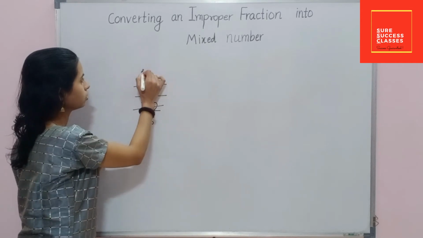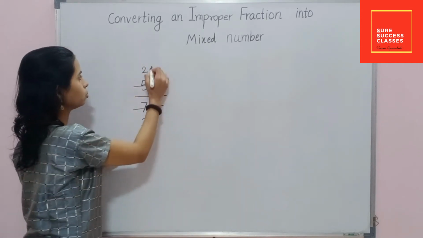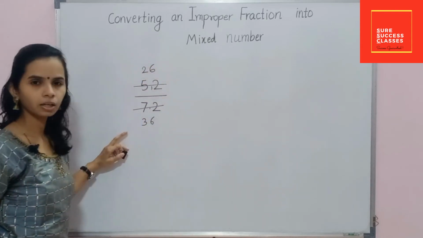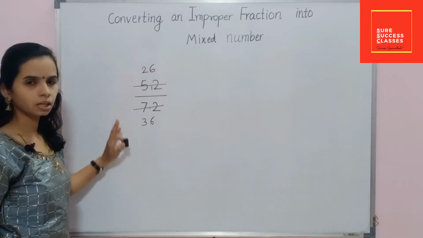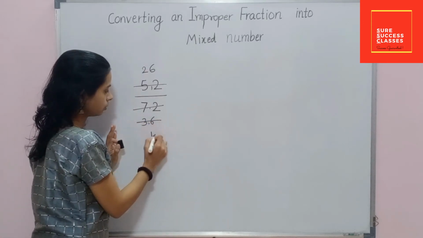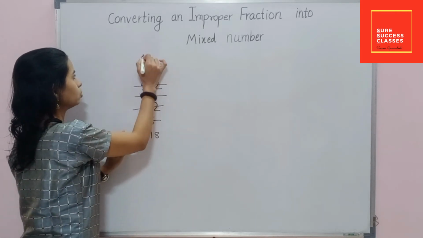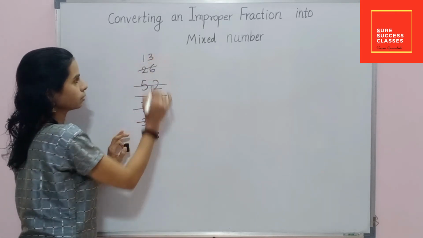Then 2 2s are 4, and 2 6s are 12. Again these both numbers are divisible by 2. 2 1s are 2, 2 8s are 16 and 2 1s are 2 and 2 3s are 6.